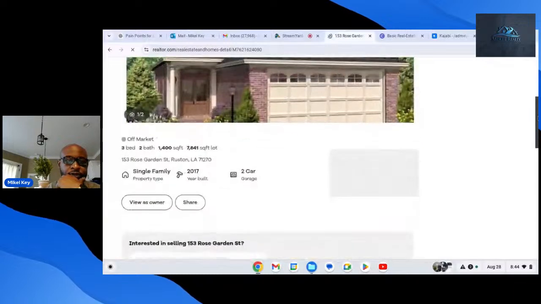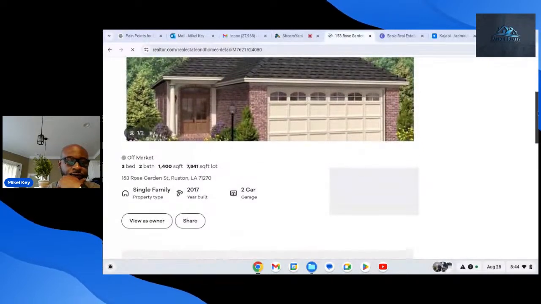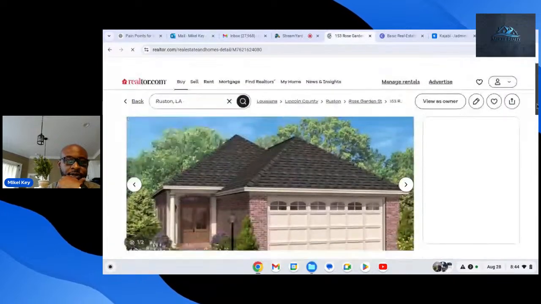It's an off-market property, 3-bedroom, 2-bath, 1,400 square feet. And this is on realtor.com, guys.